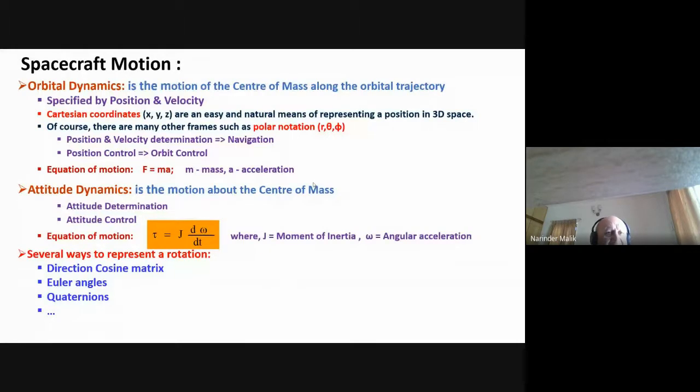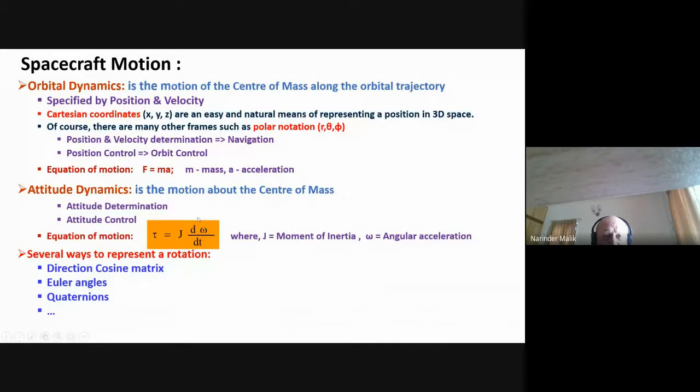The other type of motion the spacecraft experiences is the rotational motion about its own center of mass. So the orientation is determined, and it's called the attitude determination process. And you can also change the orientation, and that is called attitude control. For the rotational motion, the equation of motion is torque is equal to inertia into d omega by dt.